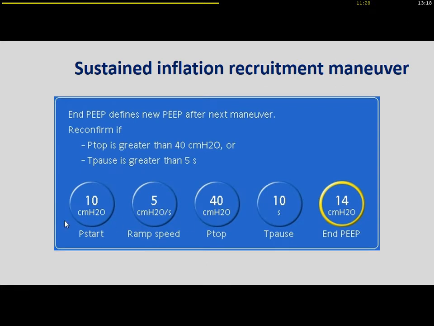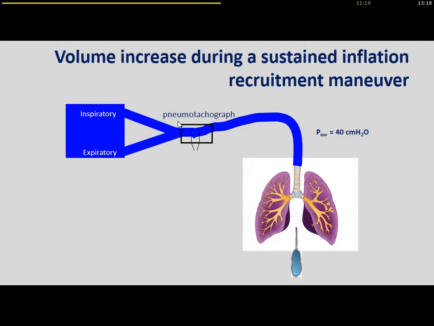If we perform a recruitment maneuver, for example, at 40 centimeters of water for 10 seconds, this is the ventilator, this is the lung, and this is the proximal pneumotachograph. The ventilator will maintain the airway pressure at 40 for 10 seconds. If we have some recruitment occurring during these 10 seconds, the total volume of the aerated lung will increase.